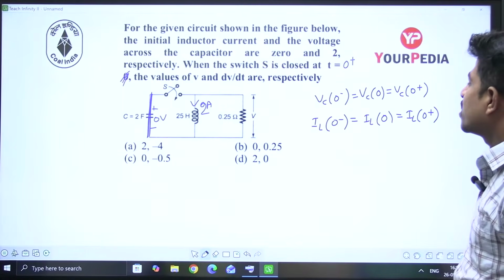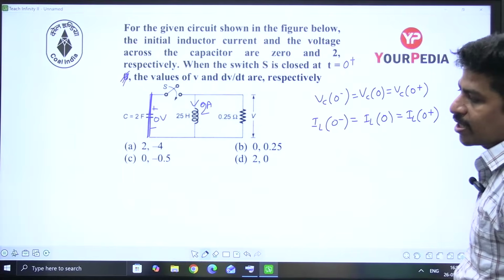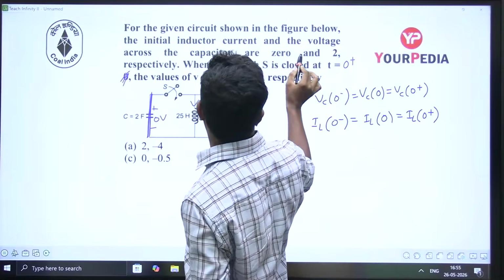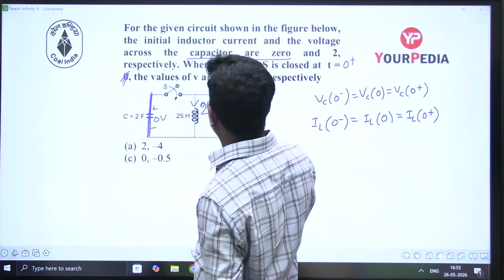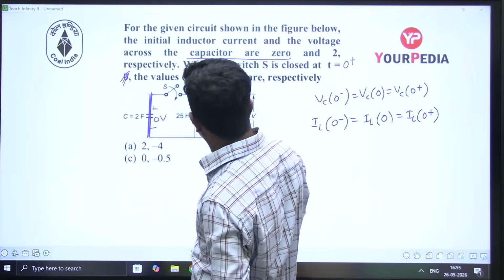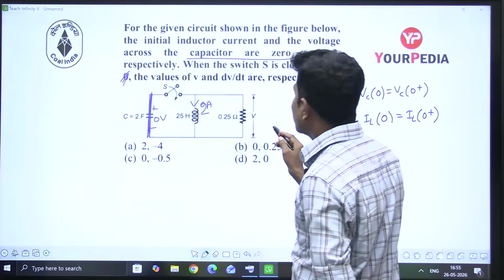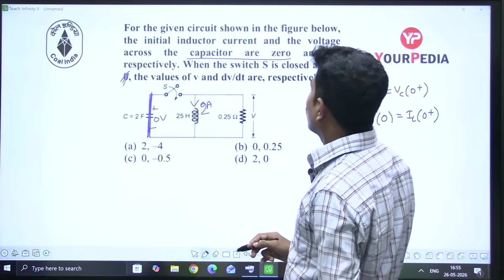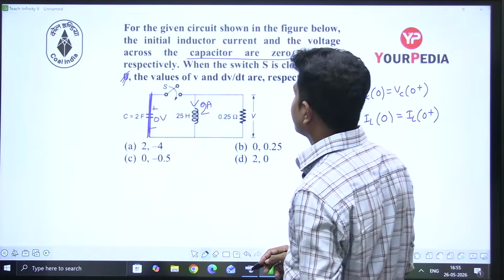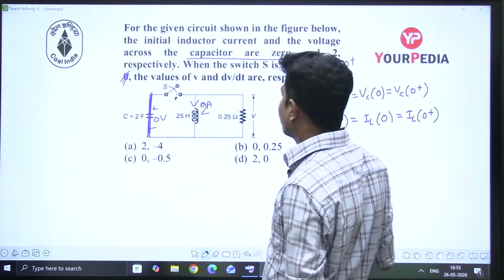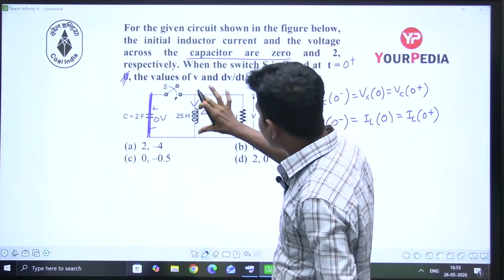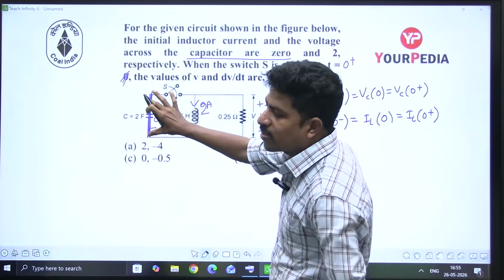Now V should be 0, right? Why is it 2? As there is no sudden change of voltage, initially the voltage across the capacitor is 0. This is parallel to this, and this is parallel to this. This voltage is V, and this voltage is also V. How much is it? 0.